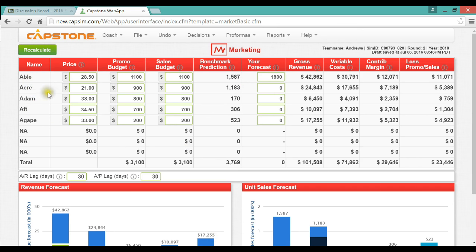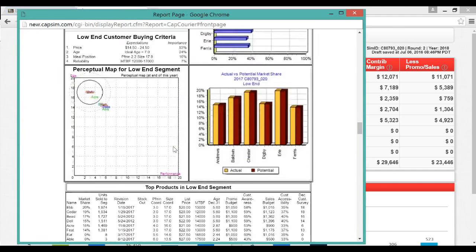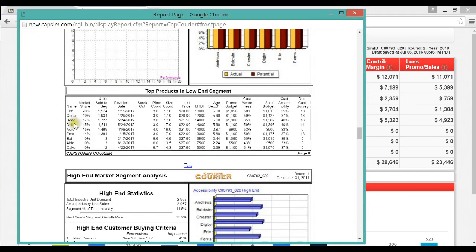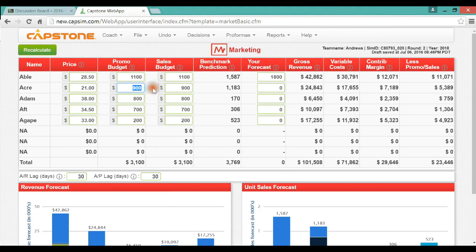For Acre, here we go, which is the low end. And remember, I'm focusing on Able, Acre, and Agape. So here I'm not quite as far off. I'm at 900. The promo budget for my competition is around 1100. Sales budget maybe 1200 average. So I'll just put those in for Acre: 1100 for the promo and 1200 for the sales budget.